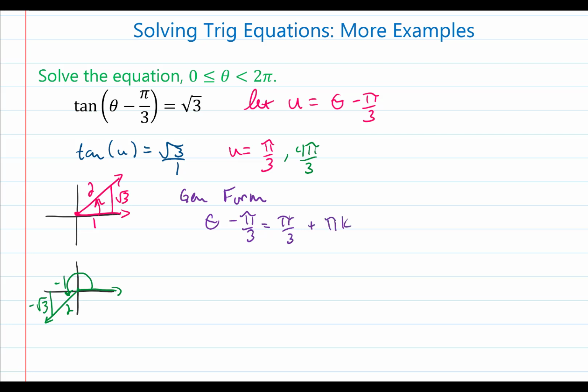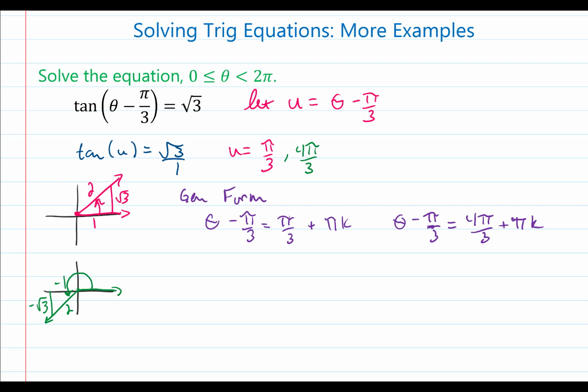The reason for pi times k is that pi represents the fundamental period of tangent, and k is an integer multiple of pi, meaning that every pi units we're going to continue to repeat values in our trig function. The second formula is going to be theta minus pi over 3 is equal to 4 pi over 3 plus pi times k. So those are our two general formulas.